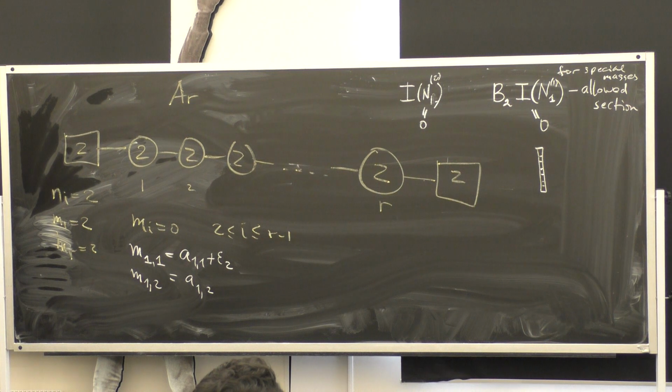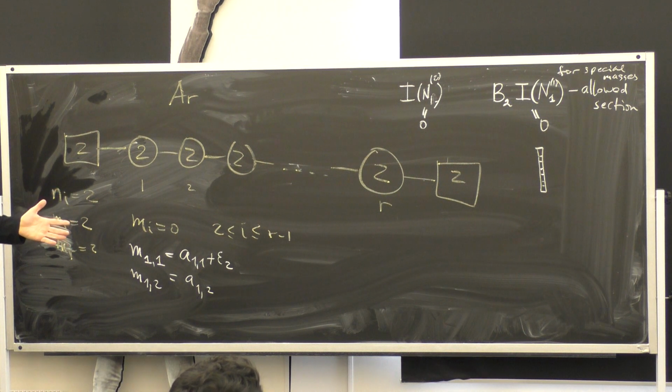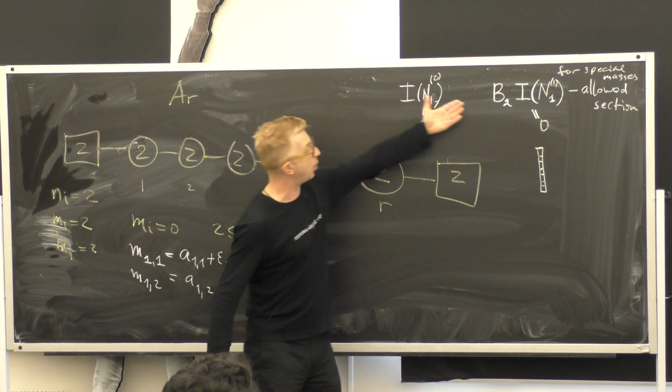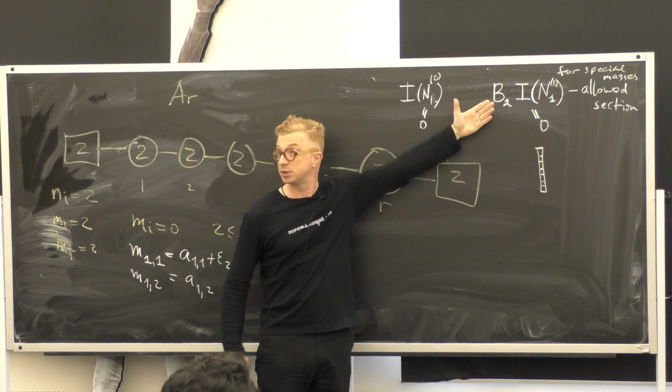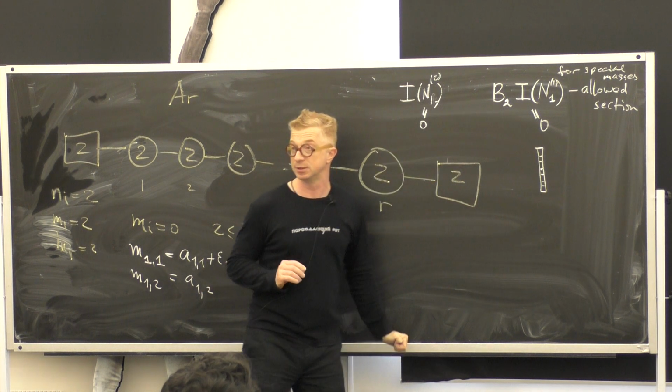Now, general choices of masses mean that you have vector bundles in which you would have liked to write a section, but you cannot because the masses don't allow you. And so you just have to deal with the Euler class of those vector bundles, represented, let's say, using curvature. But here, my masses allow me to write these explicit sections, and so I'm just integrating over a smaller space.